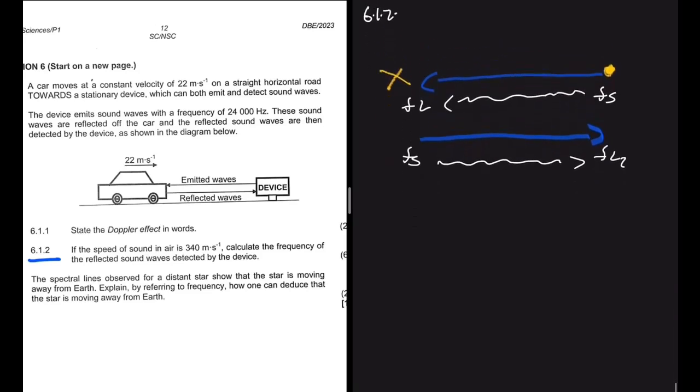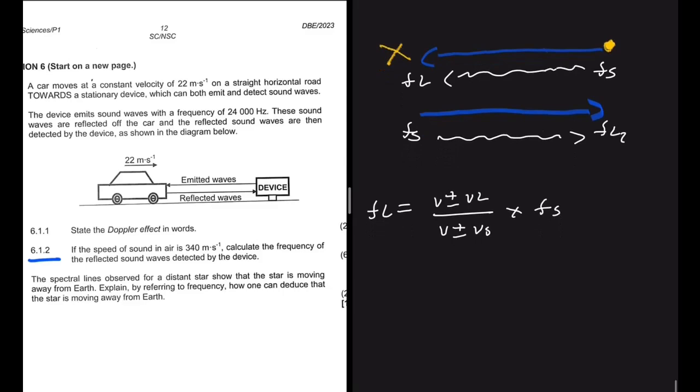For the first part, we have the frequency of the listener equals V plus or minus the velocity of the listener, divided by V plus or minus the velocity of the source, multiplied by the frequency emitted by the sound source. So the frequency observed by the listener, or the frequency that strikes our vehicle, will be equal to 340, and our listener, the vehicle, is moving towards the device, right?